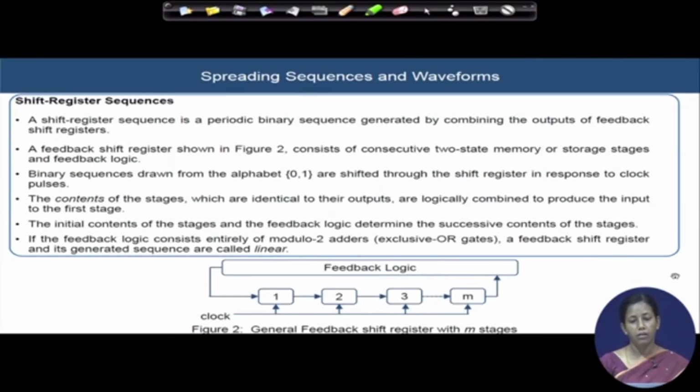Now, in true sense, these random binary sequences are very important for us, and given the chance everybody would like to utilize this random binary sequence for system design, because of its good property.